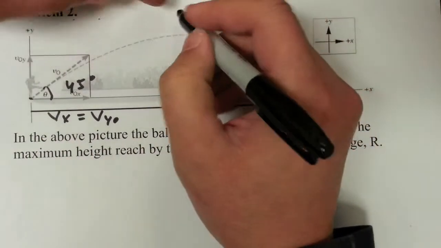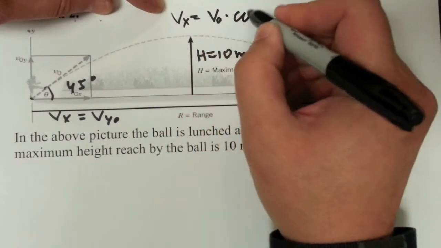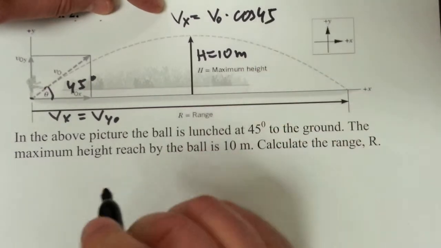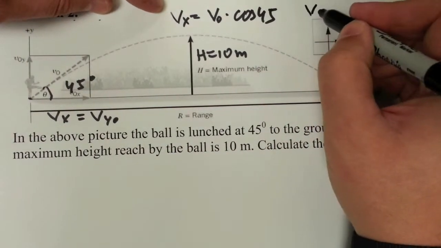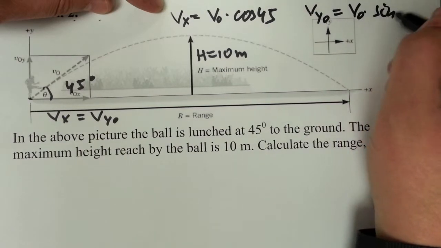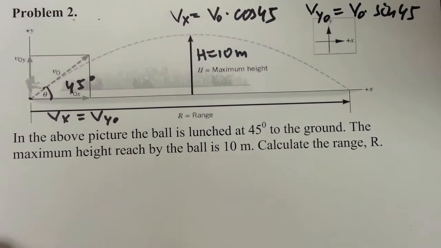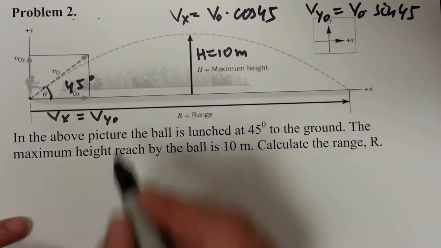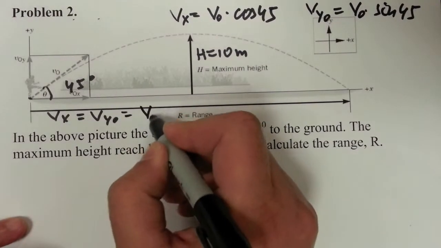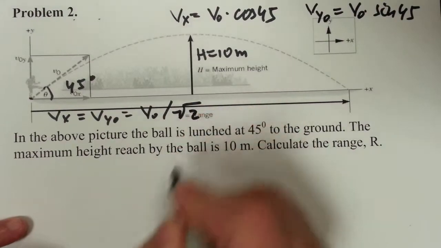The equations are Vx equals V initial times cosine of 45, Vy initial equals this times the sine of 45. But cosine of 45 and the sine of 45 are the same, square root of 2 over 2. So that's got to be equal to the initial velocity divided by square root of 2.